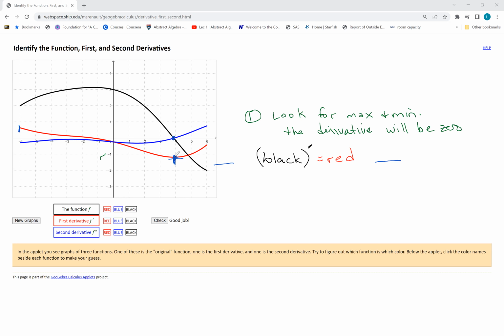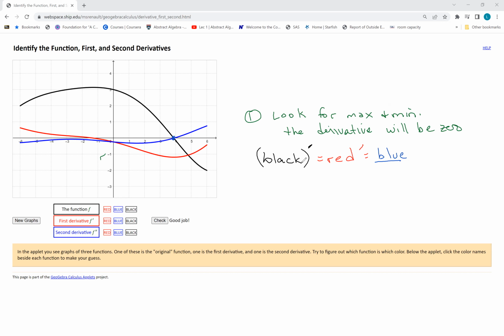And then notice here, the slope becomes positive. It's increasing and the slope is positive. It's above the x-axis, which means it's positive. So now I know that the derivative of red is blue. So I can say that the derivative of red equals blue.